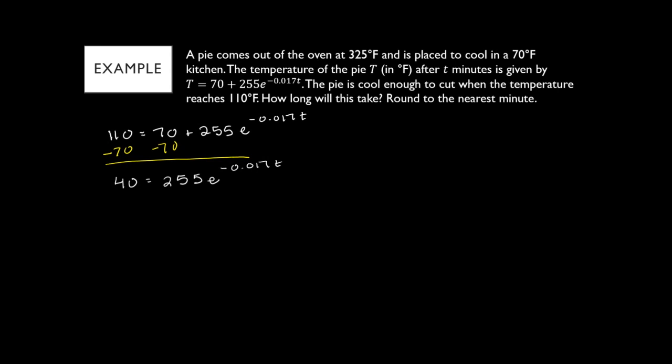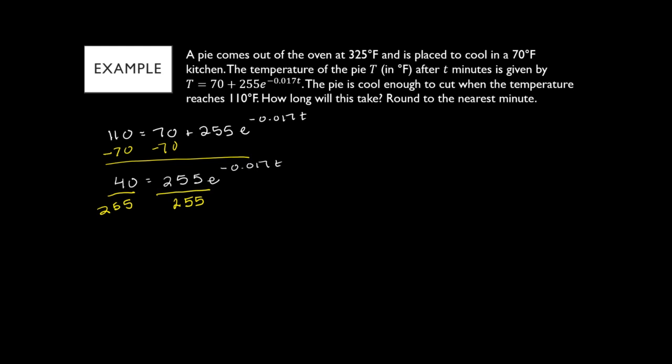So I have 40 equals 255 e to the negative 0.017t. And we're going to divide both sides by 255. Okay, that's giving me a gross decimal.